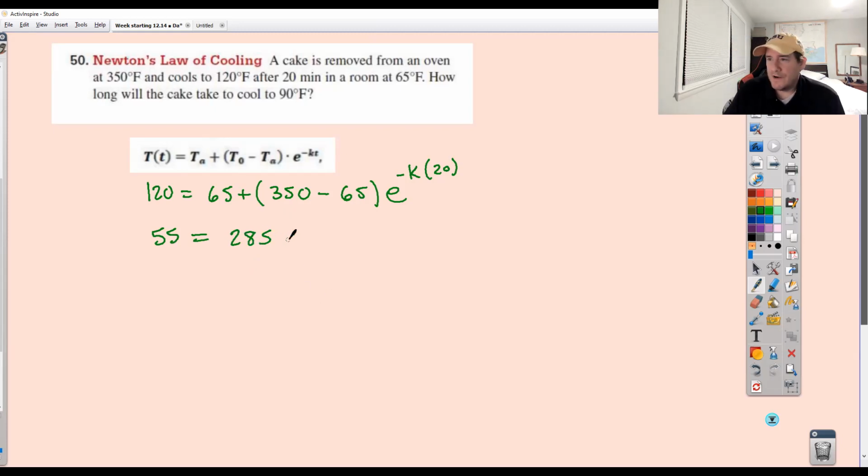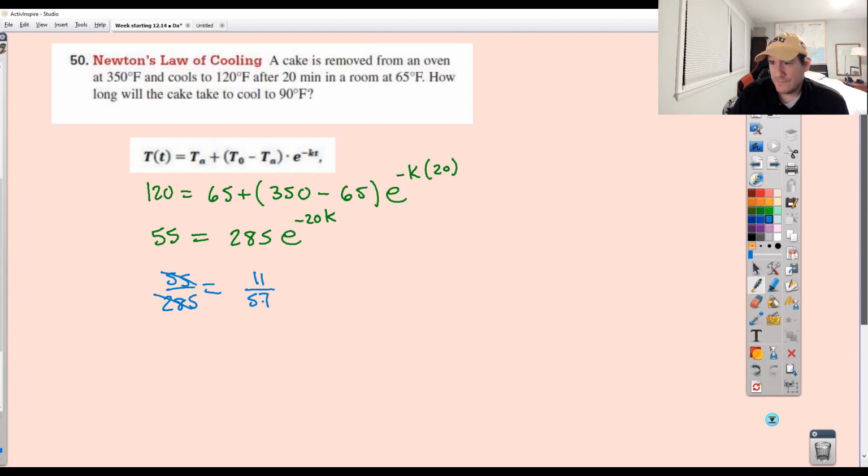Hey, that was a little bit embarrassing, but okay. This is negative 20k. Okay, divide by 285. These are clearly both divisible by 5. So do that. You'll get 11 over 57.